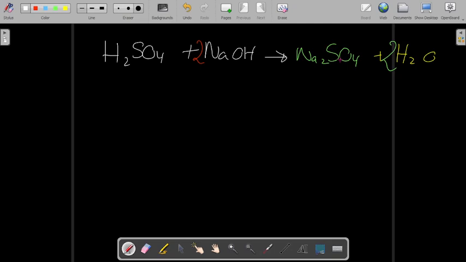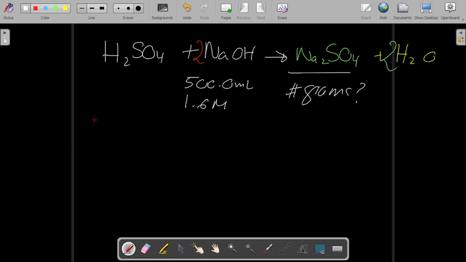So that's the first step. What are they saying? It says one way to make sodium sulfate, which we did, was to combine those two, and how many grams of sodium sulfate can be produced. So they want to know the number of grams that you can produce if you start with 500 milliliters at 1.6 molarity of the sodium hydroxide with excess sulfuric acid.